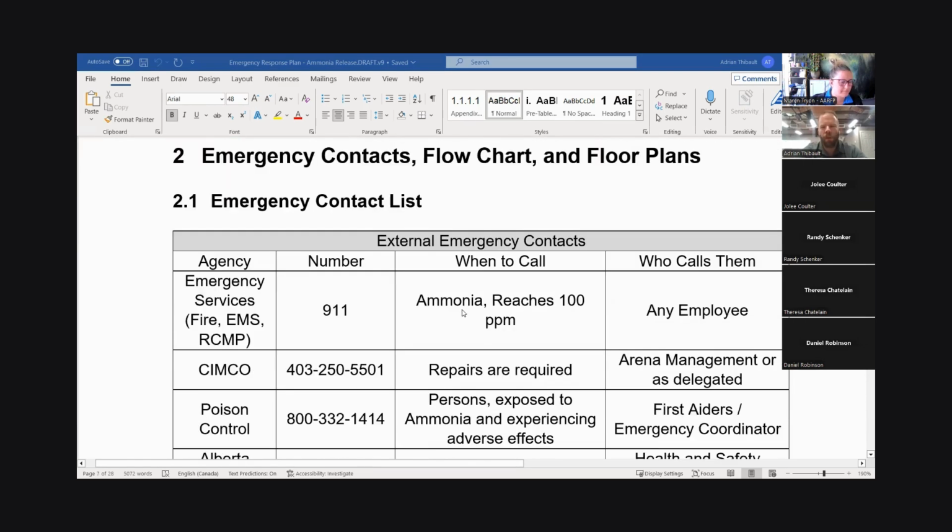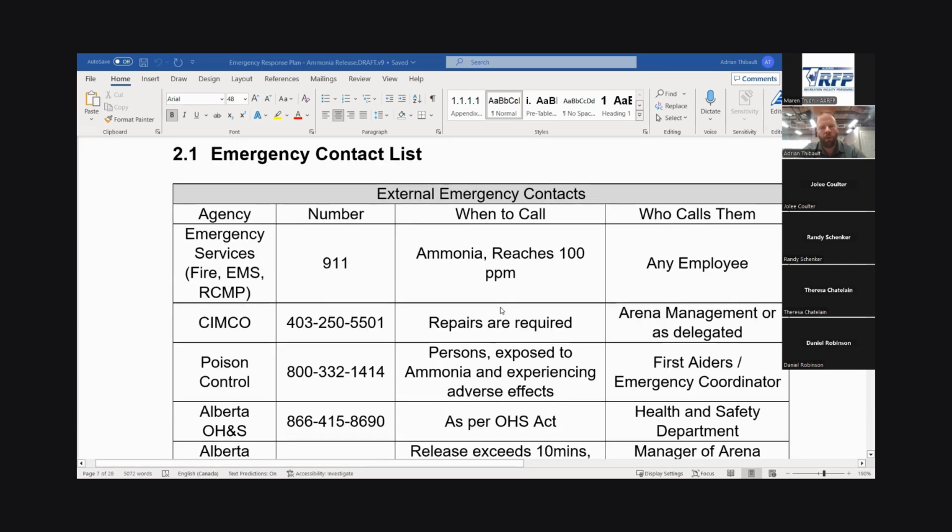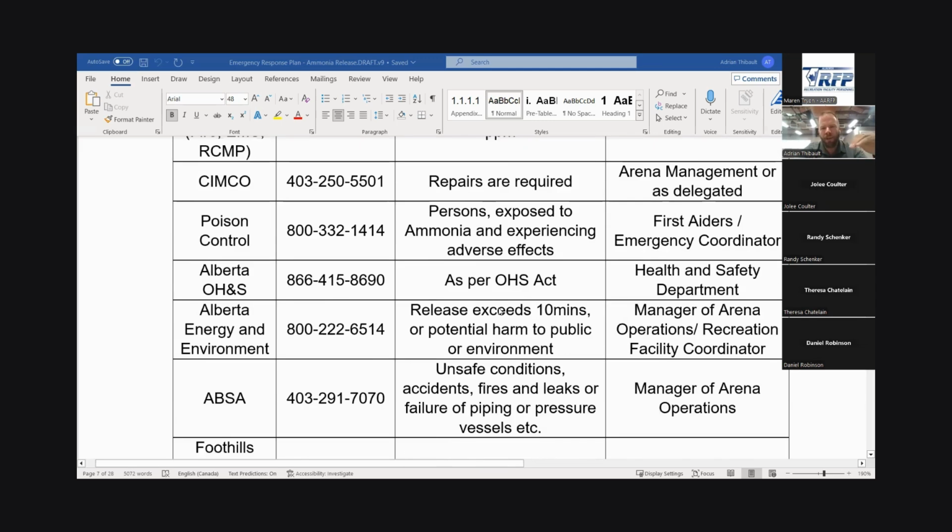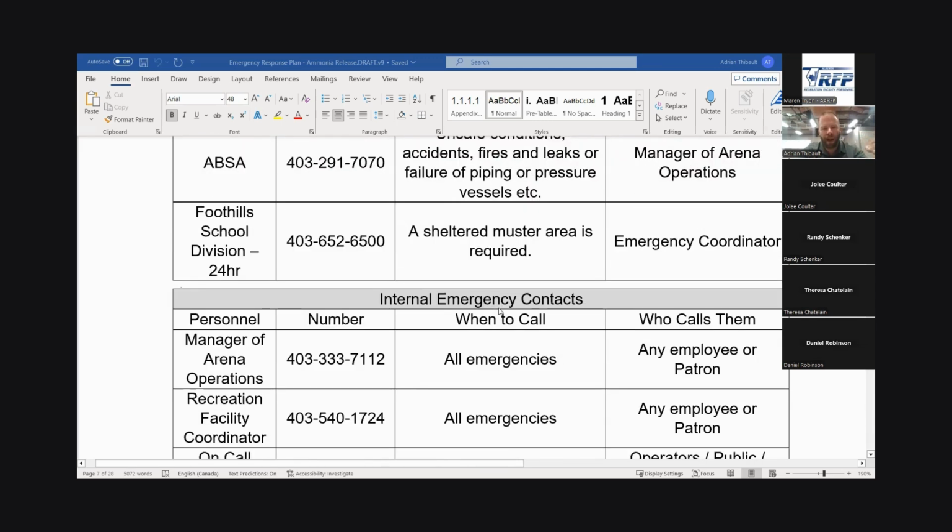So, emergency contact list. Now, this is something that we had further back in the document, but it was felt by our communications department that we needed to put this right up front so that it's right visible first thing. Now, this is a page that you'd want to have.